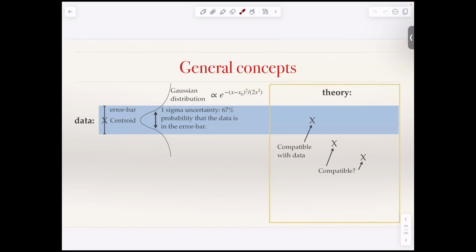Yes, it depends, but you don't have any more information than the one that I represent here. Okay, correct.